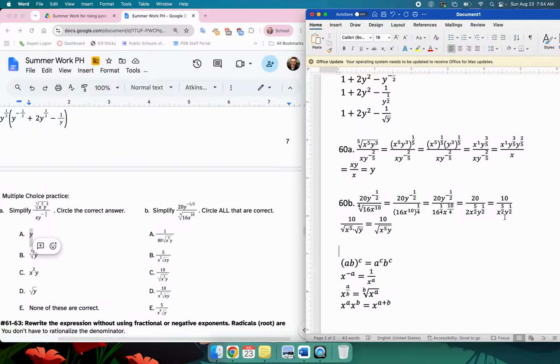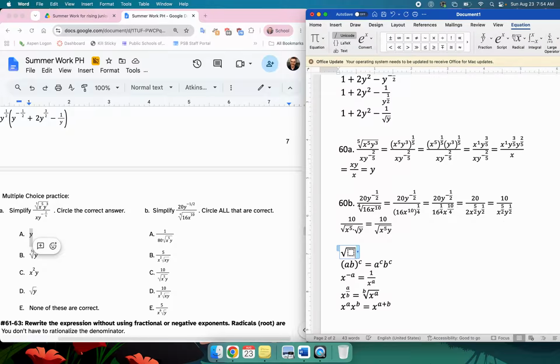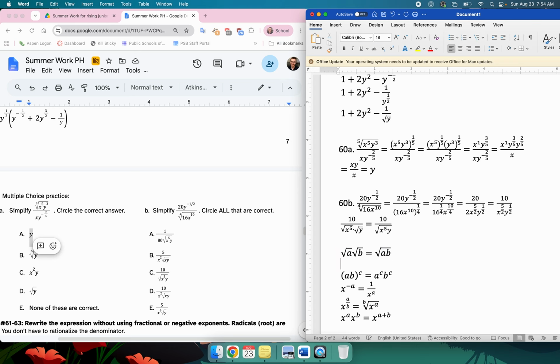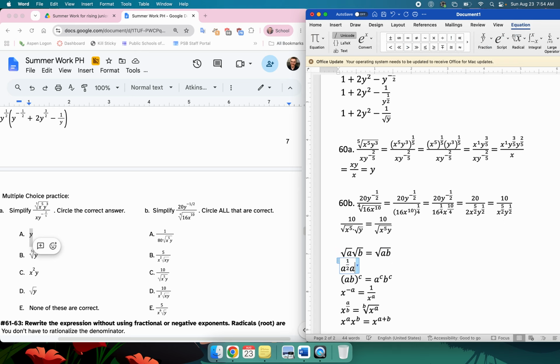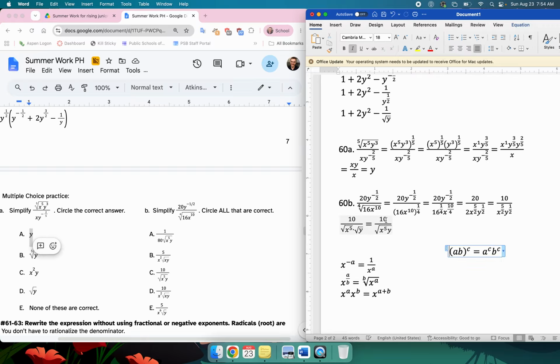What I'm claiming here is that root A times root B is root AB. The reason for that is these are actually just exponents, right? That's the same thing as this. Anyway, long story short, the denominator here can be written in that way.